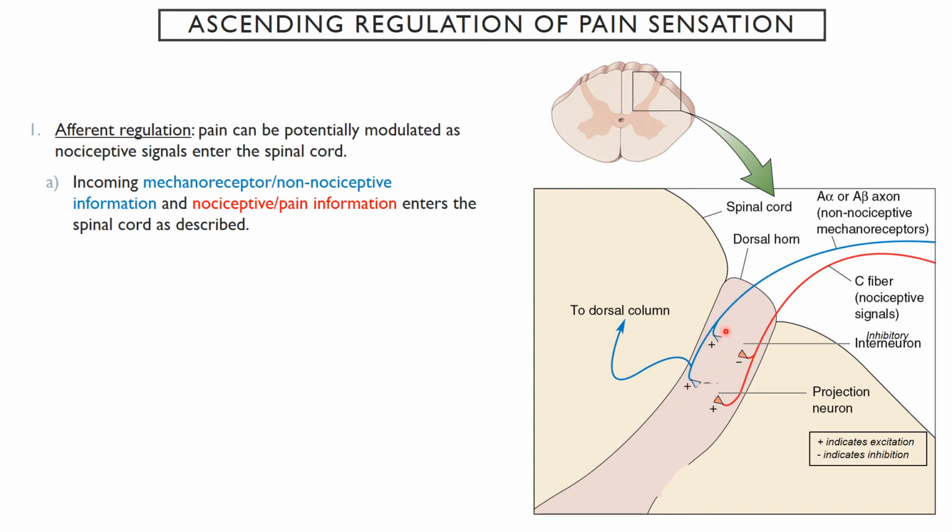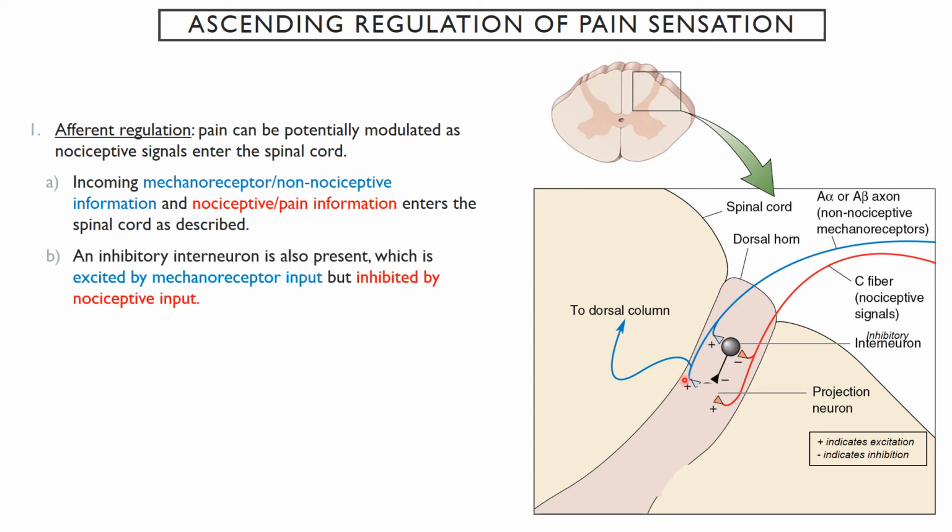There are some additional afferents that mechanoreceptor neurons make within the spinal cord, though. They will synapse onto this population of interneurons. So both mechanoreceptor fibers and nociceptive fibers will make these collateral synapses.